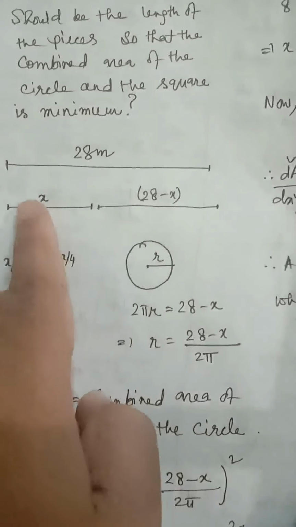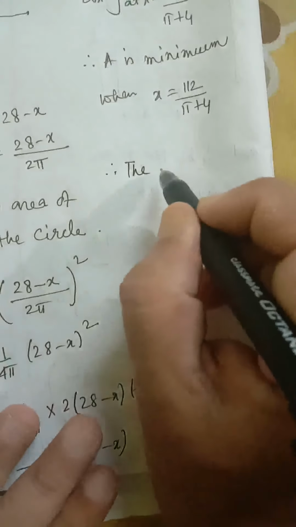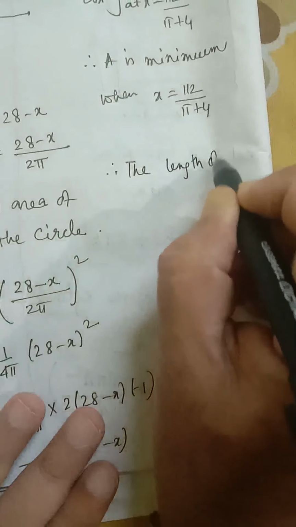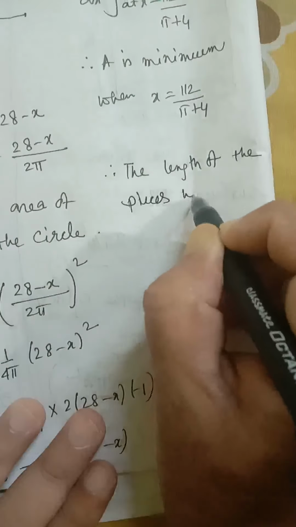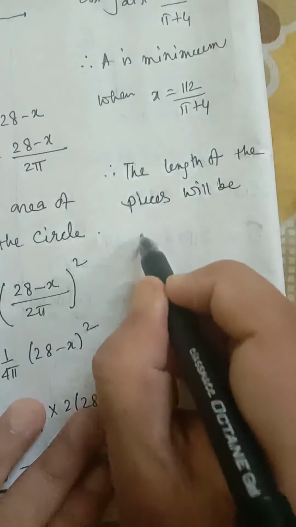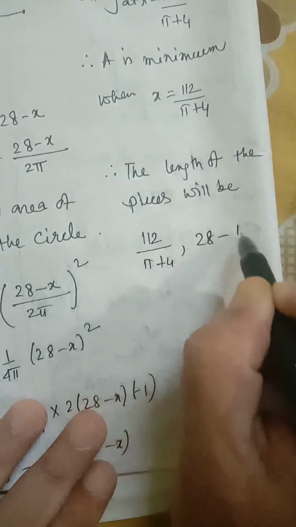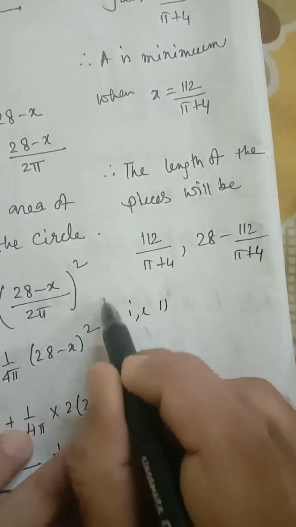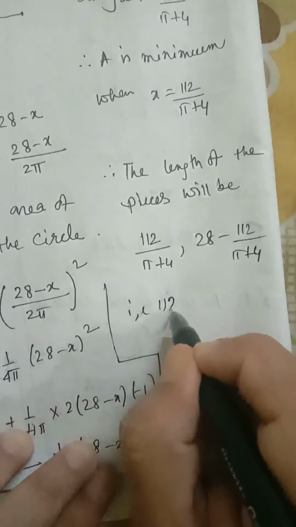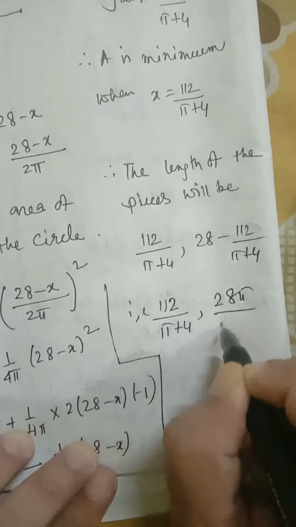And when x equal to this, the lengths of the two pieces will be x, this is 112 by π plus 4, and 28 minus x, that is 28π by π plus 4.